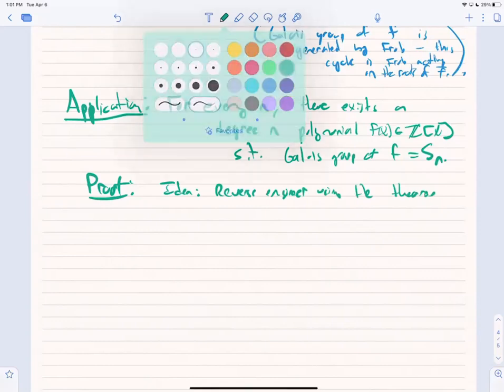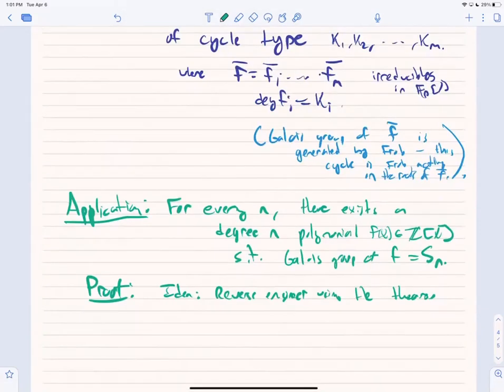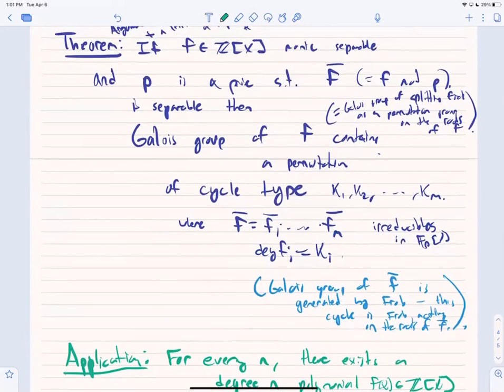Because the thing is, you guys already know some conditions on cycles that guarantee that they will generate the symmetric group.